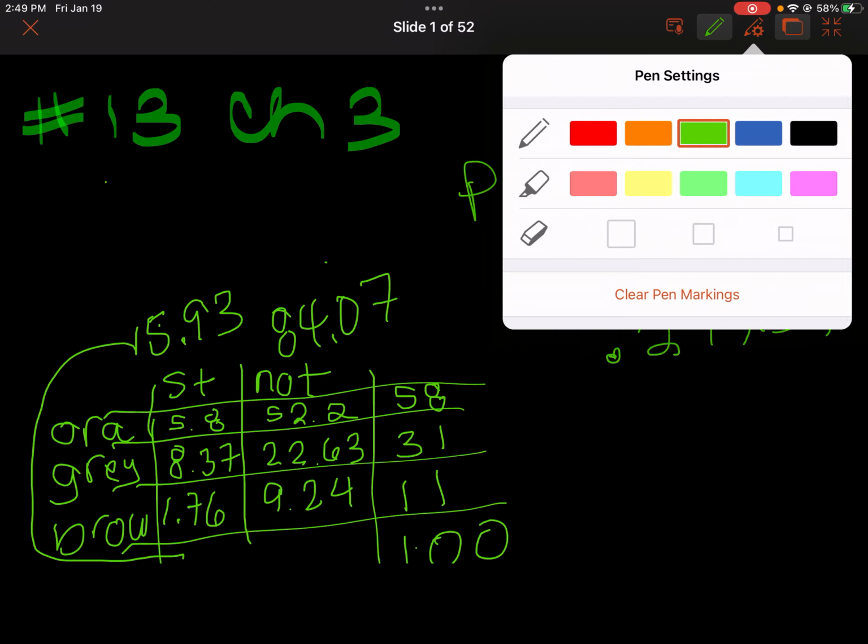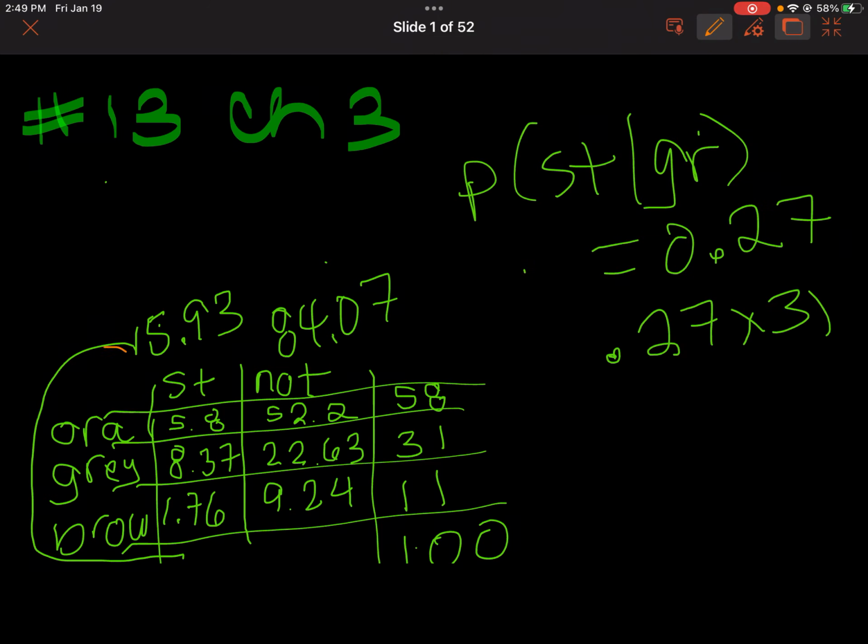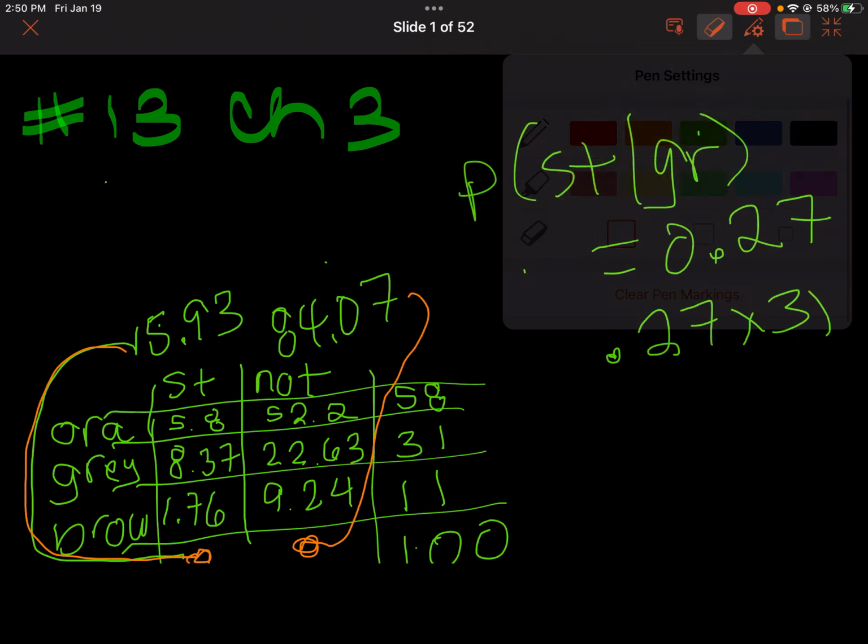So this value goes right here, but it won't let me fit that. And notice if we were to add those two together, that 15.93 plus the 84.07, we get that total of 100 cats. So we have everything in our chart, and we can answer now any question that they throw at us.